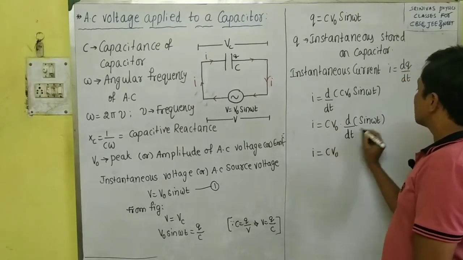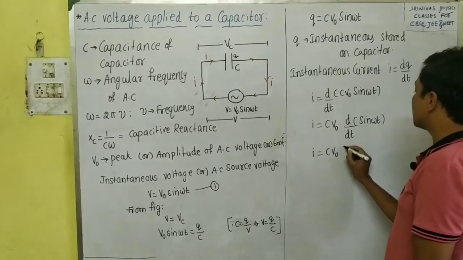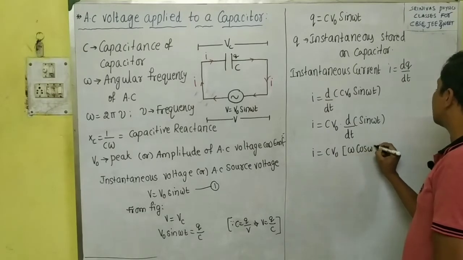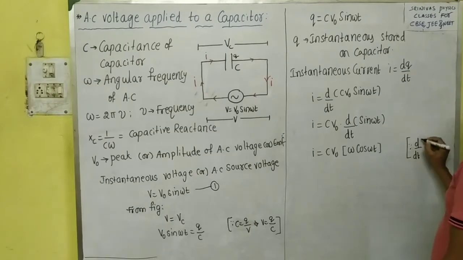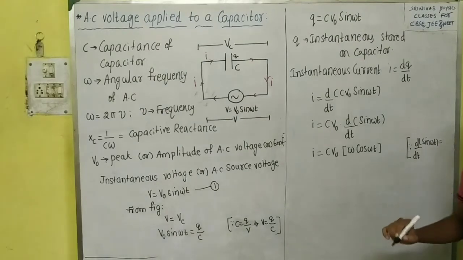The differentiation of sine is cos and the differentiation of omega t is omega. Then we get omega cos omega t. This is the differentiation: d by dt of sine omega t is equal to omega cos omega t.